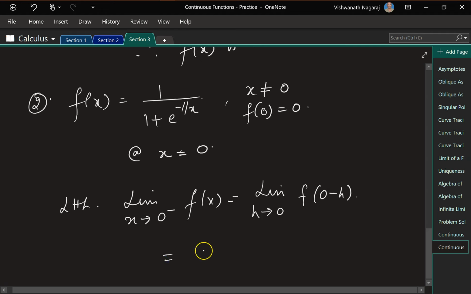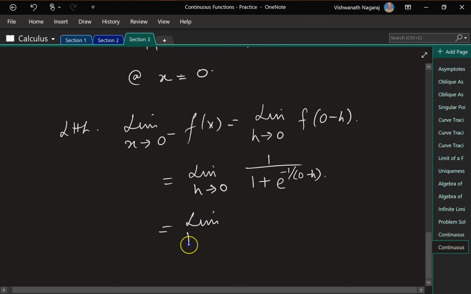Which is equal to limit as h approaches 0 of 1 by 1 plus e to the power of minus 1 by 0 minus h.